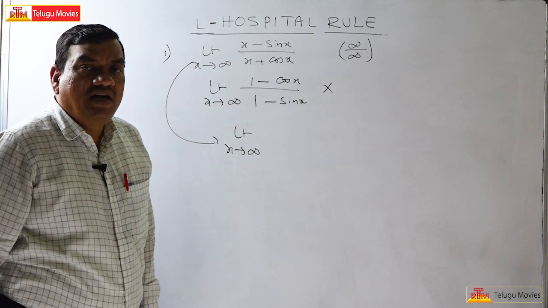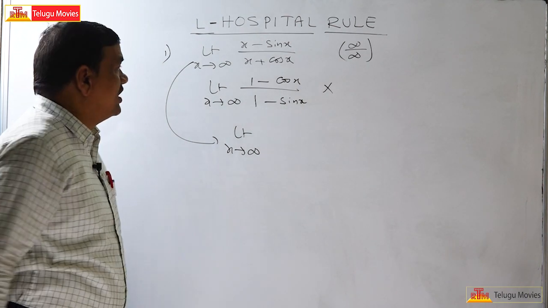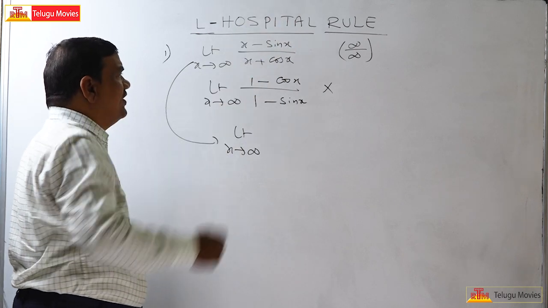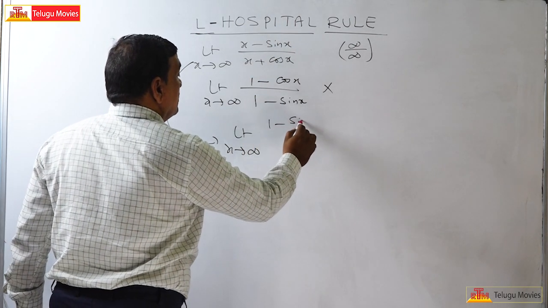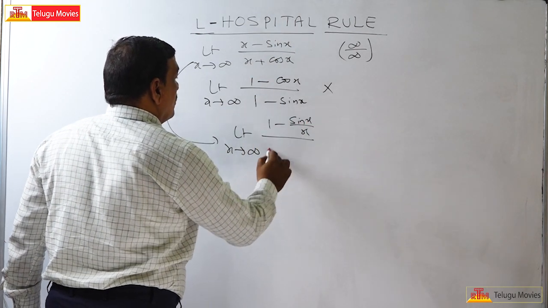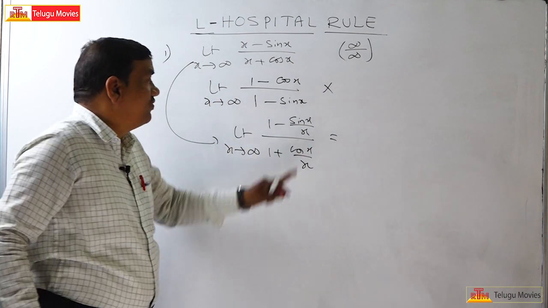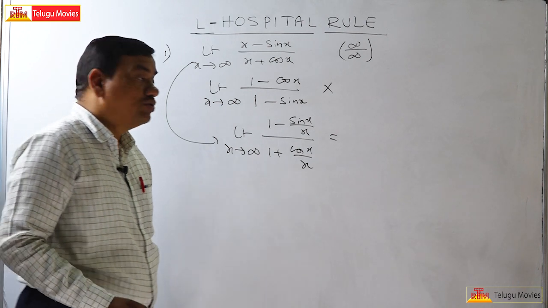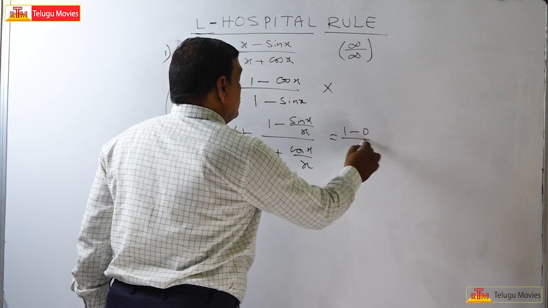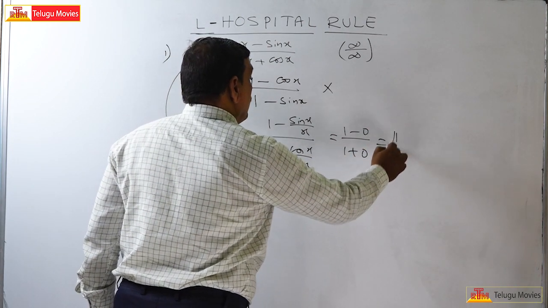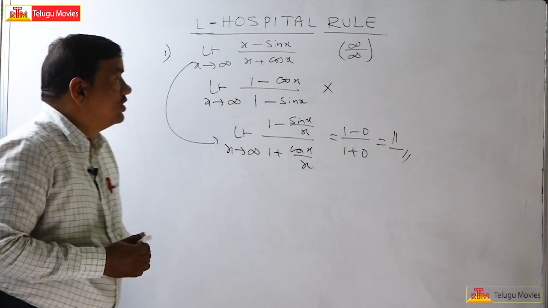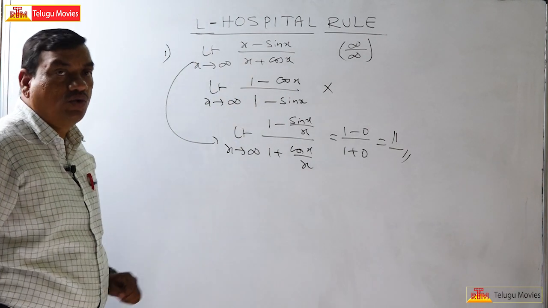Divide the numerator and denominator by x, as x is not equal to 0. So 1 minus sin x by x over 1 plus cos x by x. As x tends to infinity, sin x by x tends to 0, and cos x by x also tends to 0. So 1 minus 0 by 1 is the right answer. Understand? So here L'Hospital rule fails.